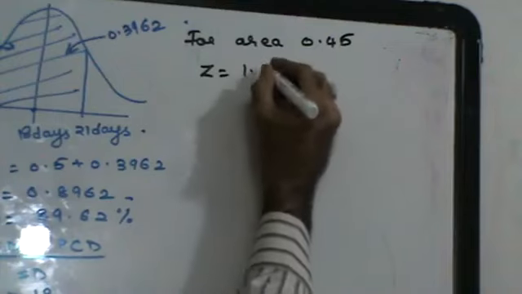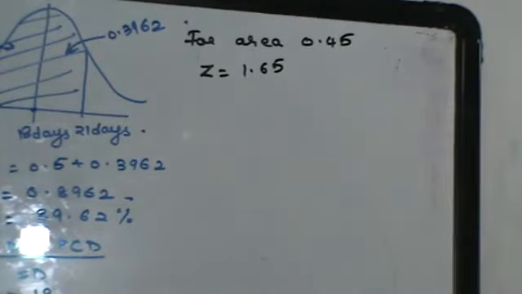So Z is going to be nothing but 1.65. Everyone's followed how I got that 1.65, right? I want area of 0.45. What is the closest? I may not get the exact value. I'm finding the closest value to 0.45. The closest value to 0.45 is 0.4505, for which my normal variable is 1.65.